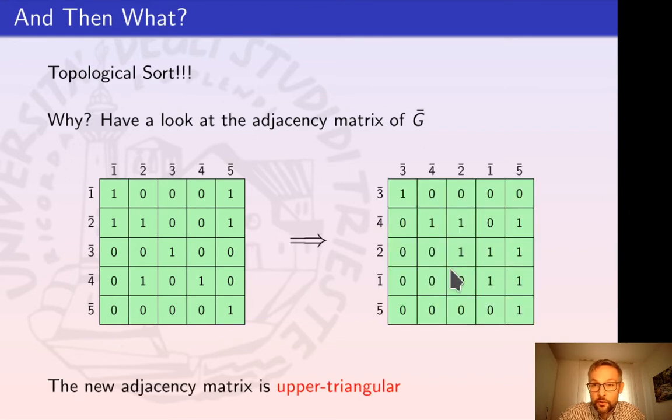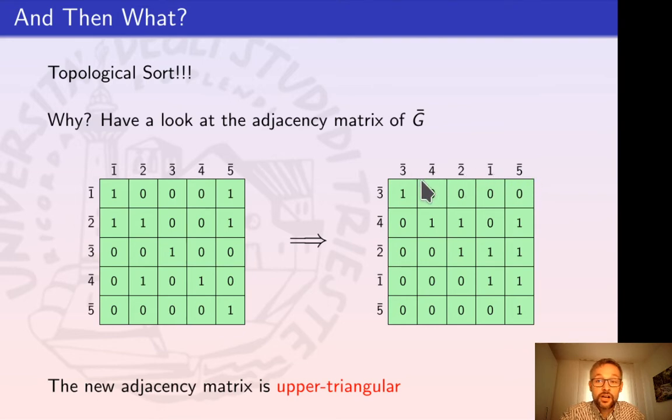This is basically the very same adjacency matrix, in which I simply resorted all the rows and all the columns according to the topological sort. So this is the first node returned by the topological sort, this is the second one, this is the third, this is the fourth, and this is the fifth.